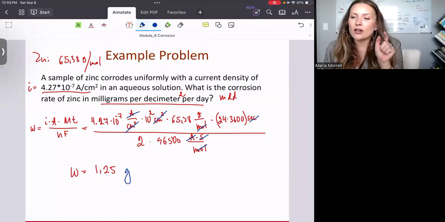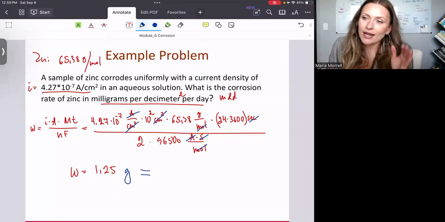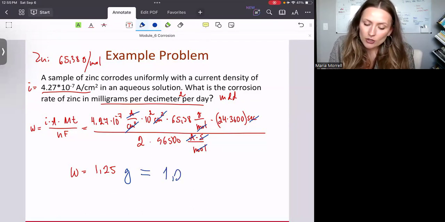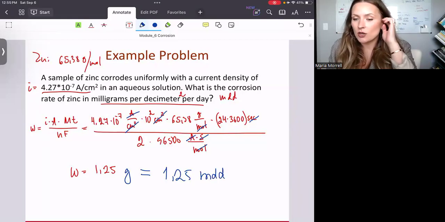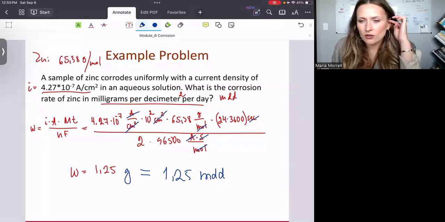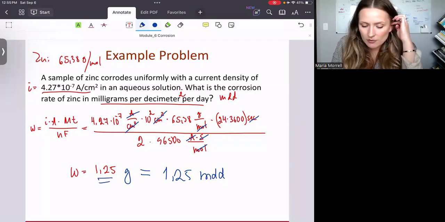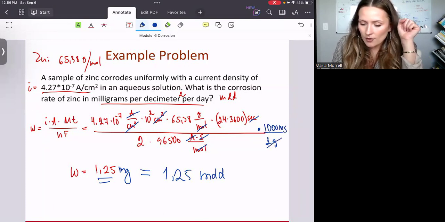So as you can see, I arrived at the number of 1.25 grams, but I'm going from grams to milligrams per decimeter squared per day. I see that this is milligrams, pretty sure, which means that I also need to do the conversion: I need to multiply it by 1,000 to go to milligrams, because I just realized it's grams.